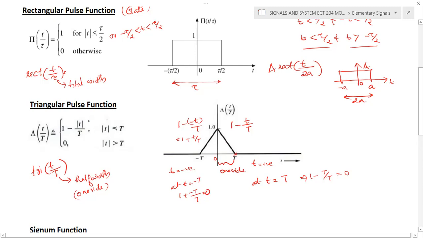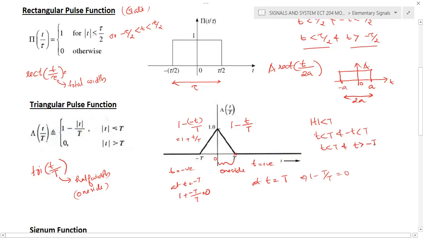Make sure that you are comfortable with this modulus value. Again, here modulus of small t less than capital T actually means two values. You need to take two values of t, that is, t less than capital T and minus t less than capital T. If you rearrange, minus t less than T, and if you multiply with minus, it becomes t greater than minus T, so you need to change the sign.